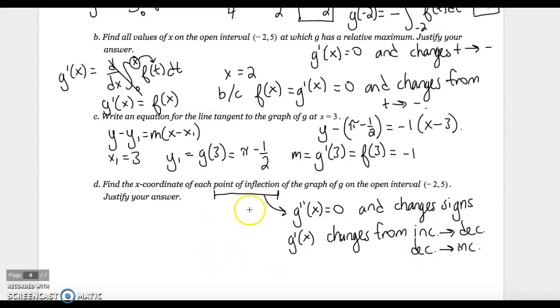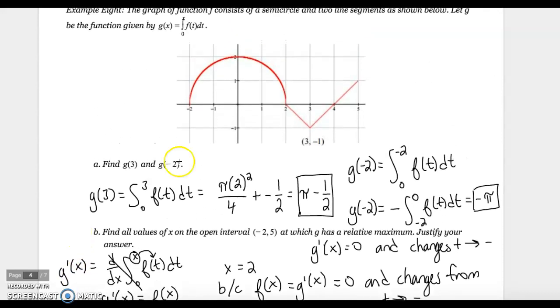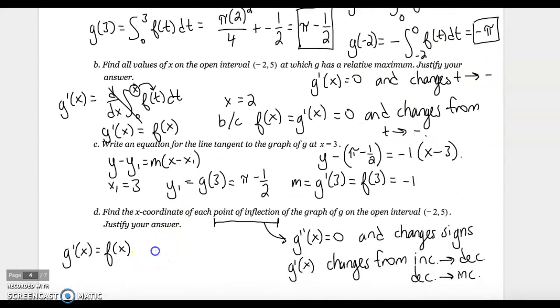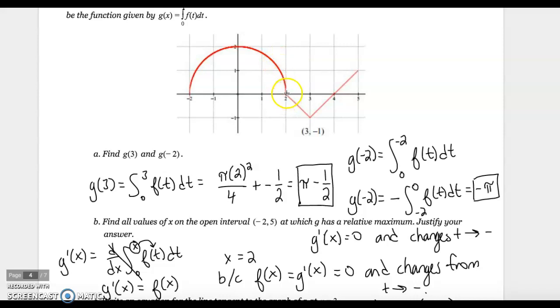Okay, so if I am finding the places where g prime of x changes from increasing to decreasing, I'm looking where g prime of x, aka f of x, does that on my graph. And so increasing to decreasing or vice versa. So increasing, increasing, increasing, increasing, decreasing. So x equals 0 would be one of my places. Decreasing, decreasing, decreasing, still decreasing.